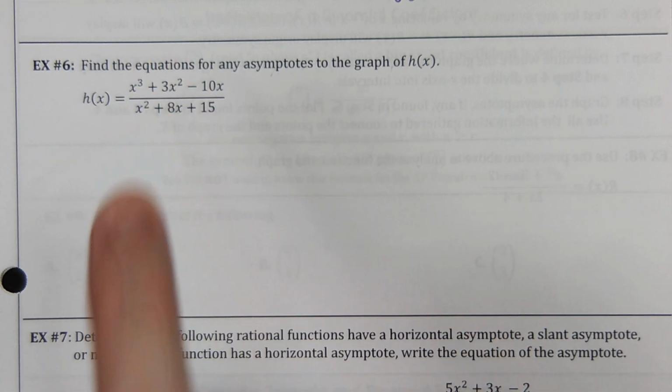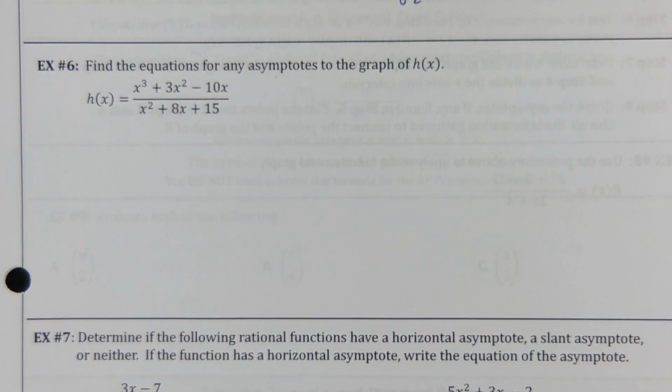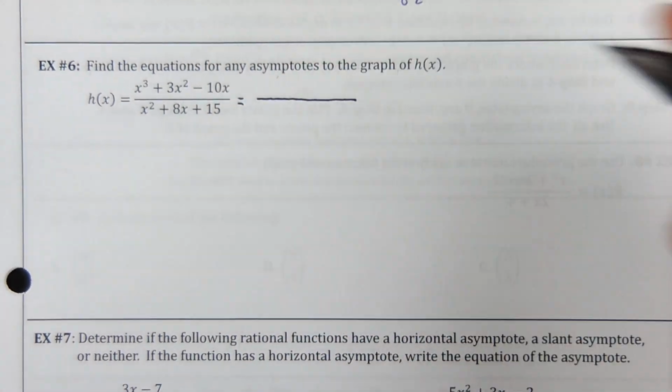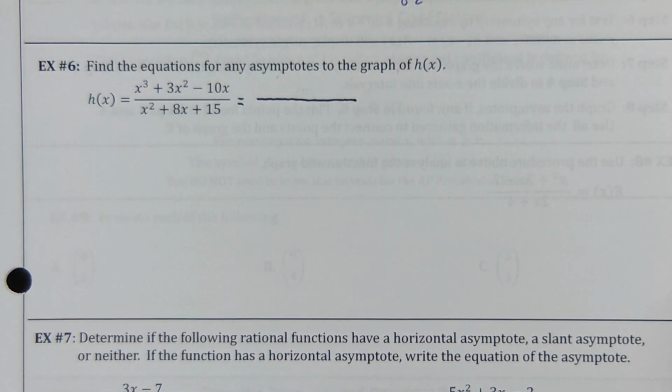Because it's top heavy, I know I have a slant asymptote. I know for a fact. But it says equations for any asymptotes. That includes verticals. We find vertical asymptotes by saying what makes the denominator equal 0 after the simplifications. So we get to do some factoring. On the bottom, the 2 numbers that multiply to 15 and add to 8 are 3 and 5.